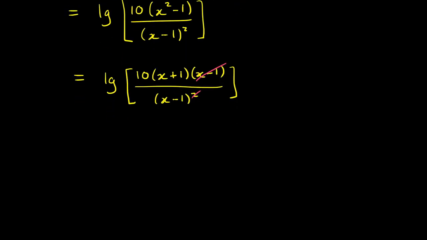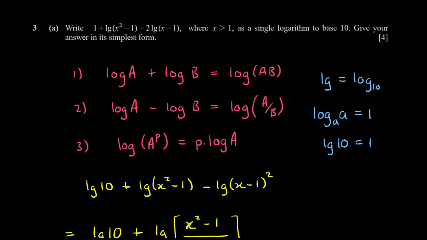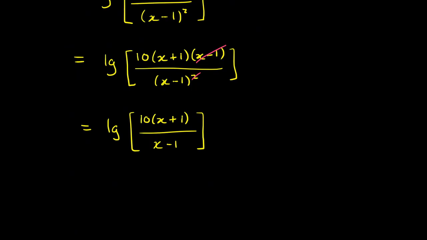So what I'm left with is log base 10 of 10 bracket x plus 1 over x minus 1. And if you can see that, I have written this entire thing as a single logarithm to base 10, and it is in its simplest form, right? So I followed everything that I am required to do.